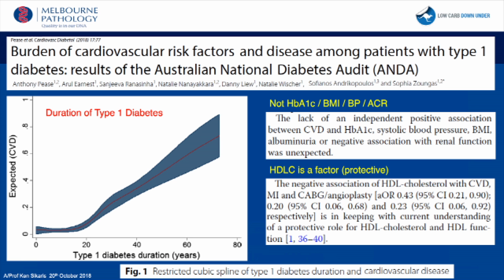The strong relationship was with time. You have to have type 1 diabetes for 20 years before you start getting heart disease. You have to have type 1 diabetes for 20 years before your troponin starts to rise. You have to have type 1 diabetes for a long time before you start getting nephropathy.